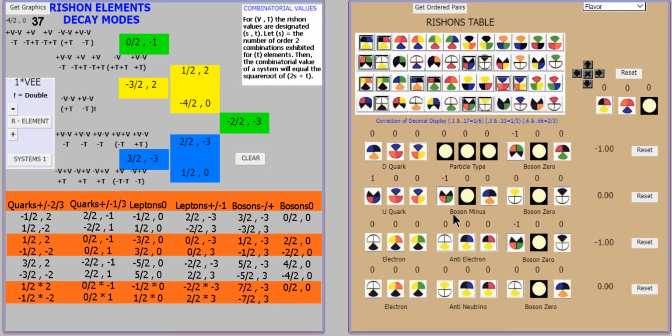And the W boson is carrying away a flavor charge of minus 1. The electron and positron have the appropriate 0 flavor charge, whereas the weakly interacting massive particle is carrying away a flavor charge of minus 1. And if we look at the antineutrino, we say that it has a flavor charge also of 0, as well as does the Z boson.